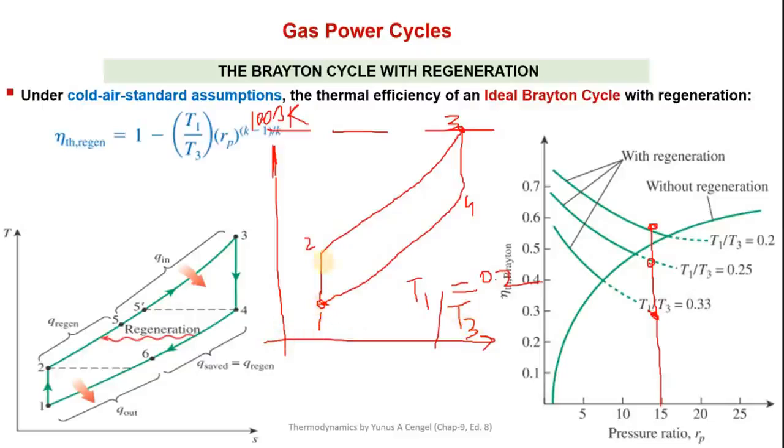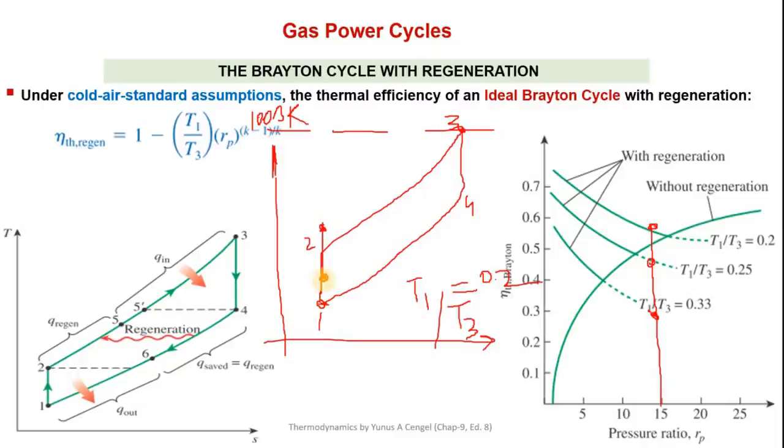Point 1 is this one, at a fixed pressure ratio. Then the difference between point 4 and point 2 will be higher, right? Because point 1 is quite low. If this point 1 is shifted somewhere here, then for the same pressure ratio, point 2 will shift here.